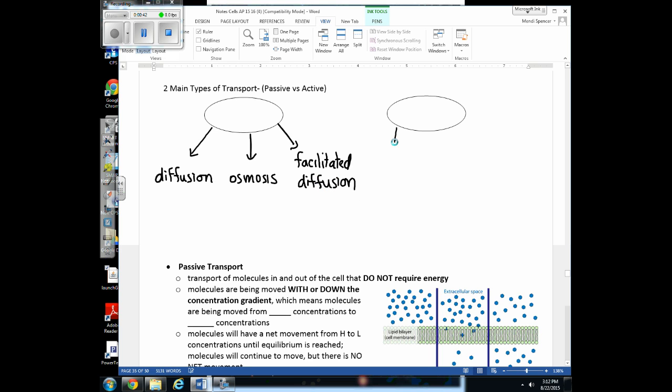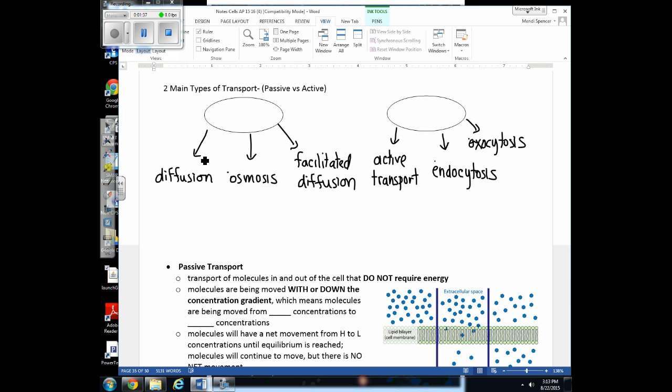And then we have active transport, endocytosis, and exocytosis. So these are the 6 main types of transports that we're going to cover.